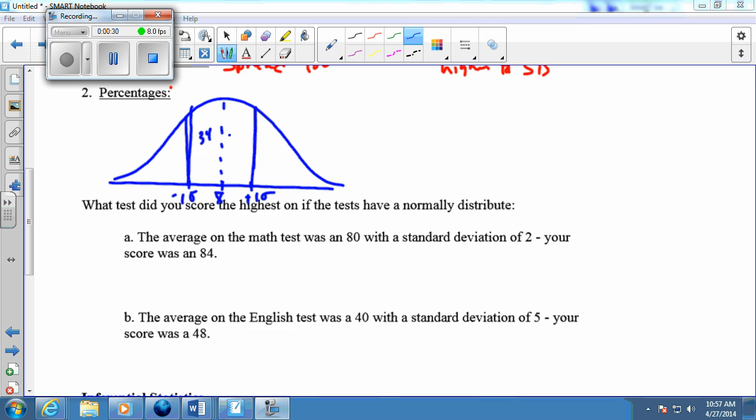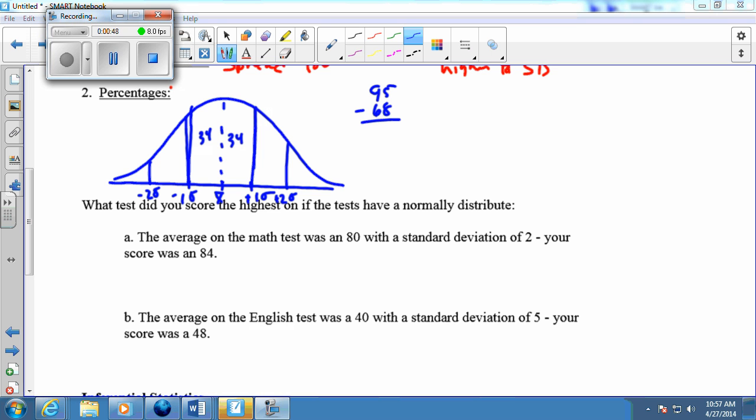34 on one side, 34 on the other. Then we have two standard deviations above and two standard deviations below. And we know a total of 95% fall in that region. 68 made up the middle part of that region.